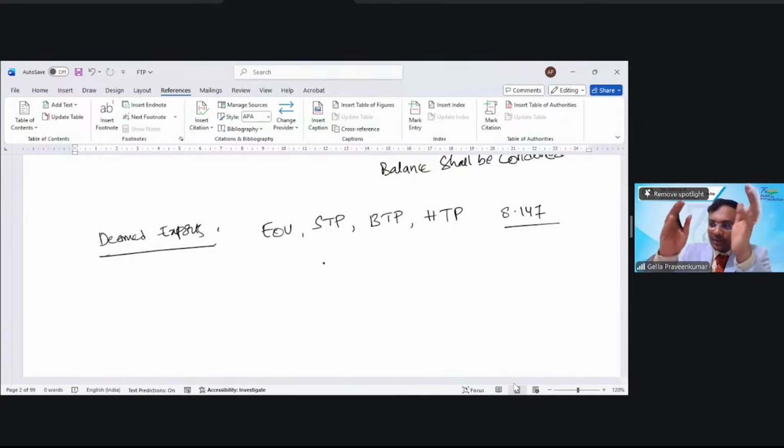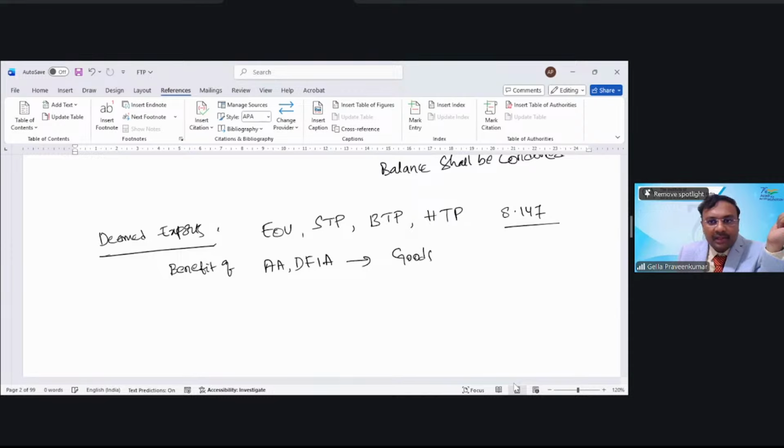That means the goods are retained in India, the goods do not go out of India. That's called deemed exports. So here, the benefit of advance authorization, duty-free import authorization: a person having a license, if they supply goods to these deemed exports, this supply shall qualify for export obligation.